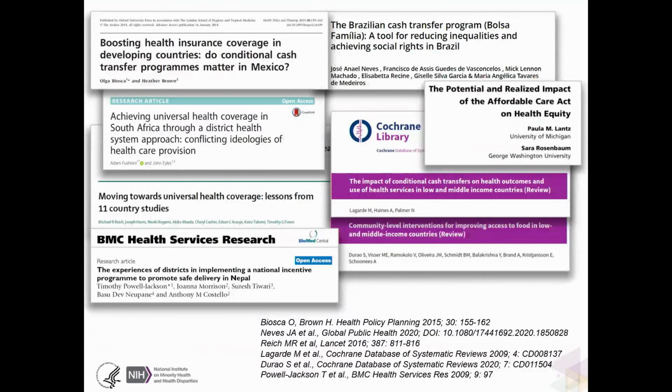In this slide, I am showing the titles of multiple publications on different public policies that are not necessarily focused or derived or come from within the healthcare system or healthcare policies, but are going to have some impact on them. And one of these policies is cash transfers that have been implemented across several countries.